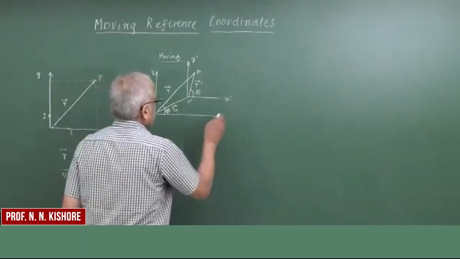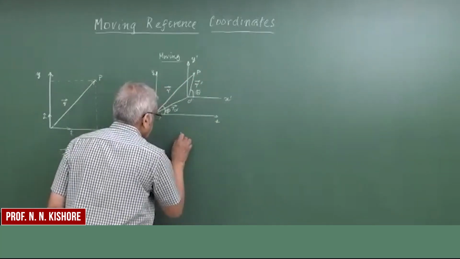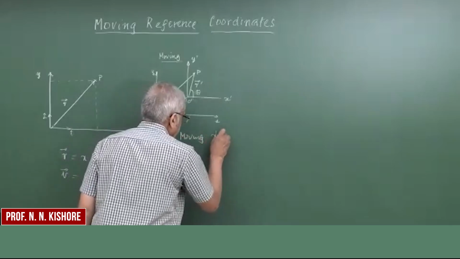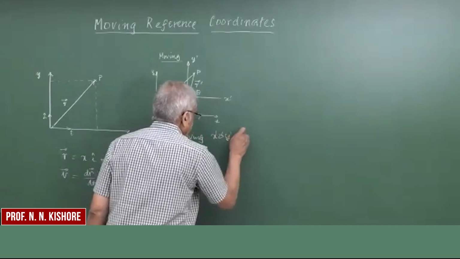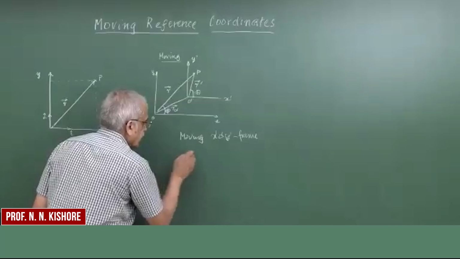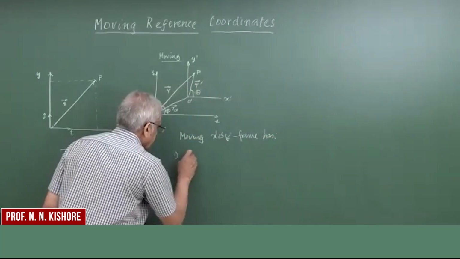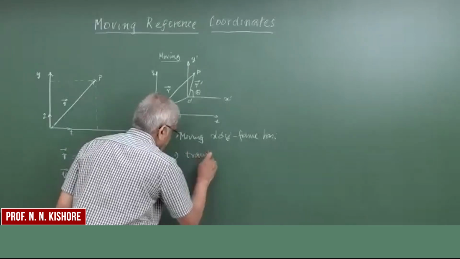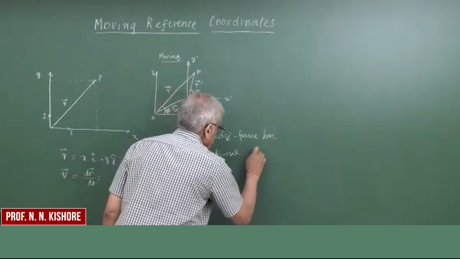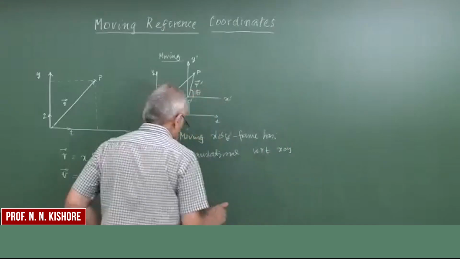One is the translation. So this moving x prime y prime frame has one translational motion, obviously with respect to the fixed frame.